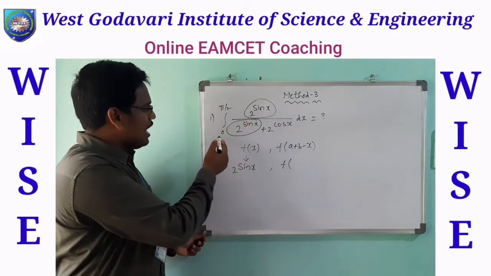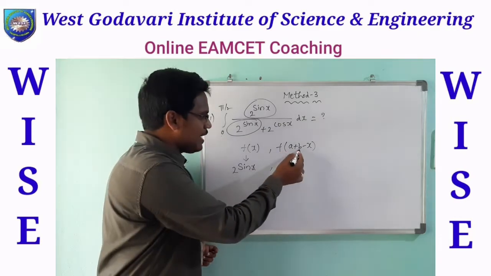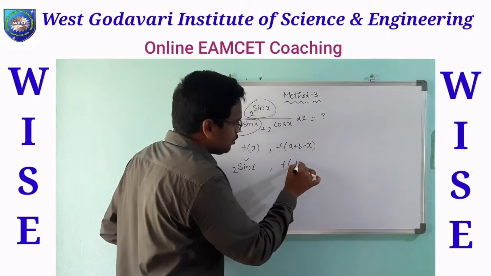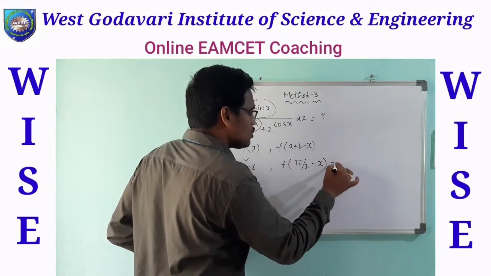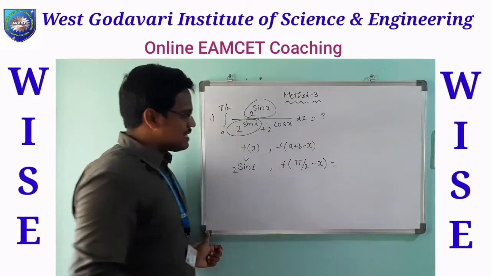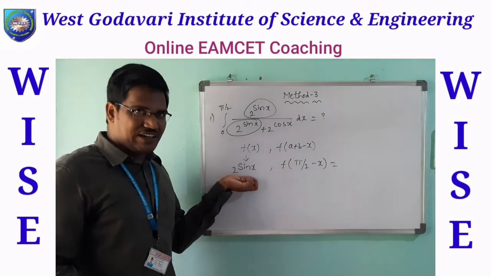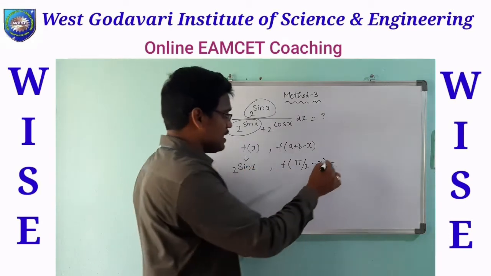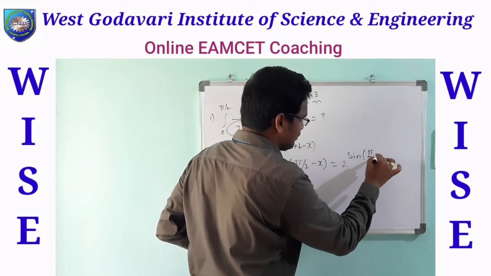Here the value of a is 0 and the value of b is π/2, where a and b represent the lower limit and upper limit. So π/2 plus 0 is π/2, giving π/2 minus x. So f(π/2−x), where f(x) is 2^(sin x). f(π/2−x) becomes 2^(sin(π/2−x)).